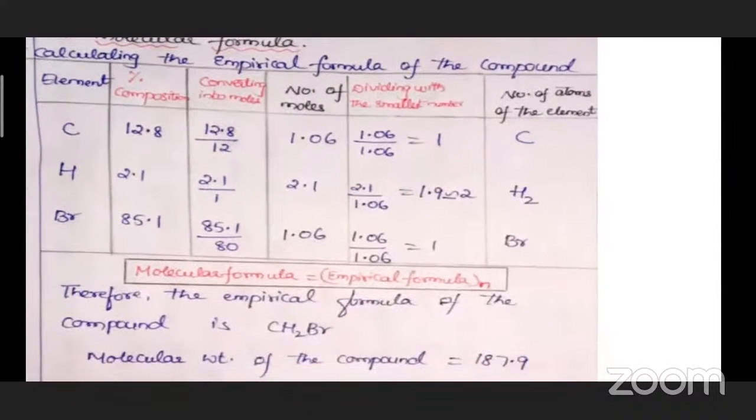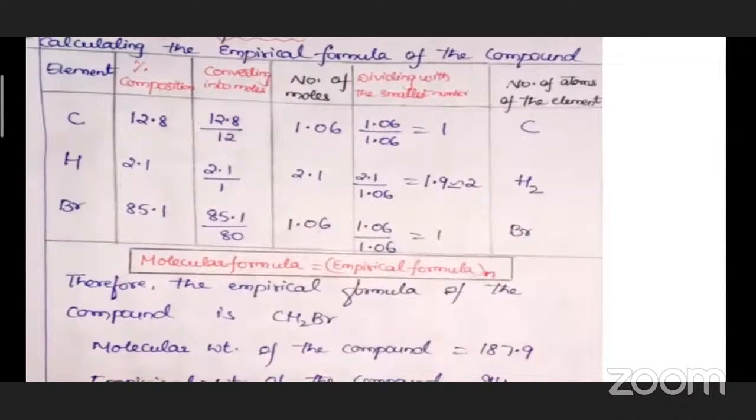Upon doing this, we get the smallest number. Here we are getting 1, here 1.9, that is approximately 2, and this is 1. So 1 carbon, 2 hydrogens, 1 bromine. This you have to understand.